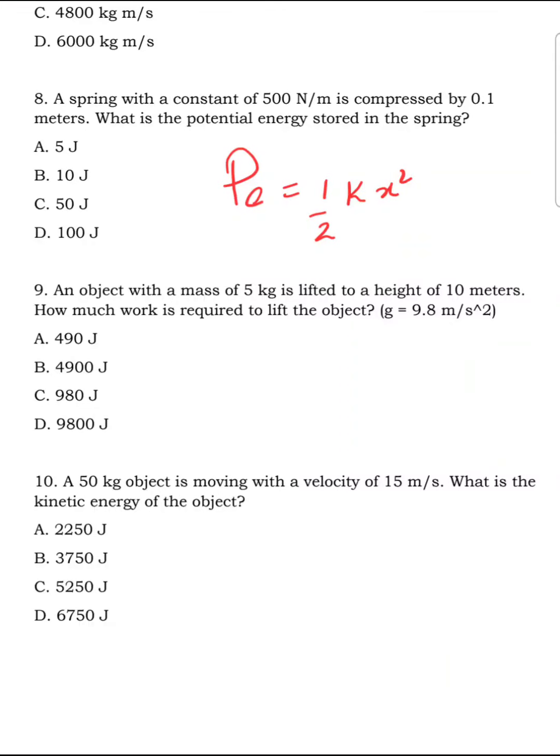Something like that: half k x squared. Now, compressed by is just like the extension, and you have to square that one, then you multiply by the constant given. Basically that's how the potential energy is found.